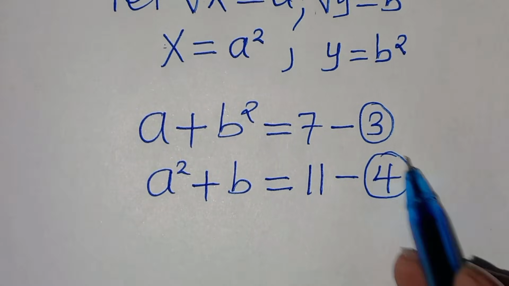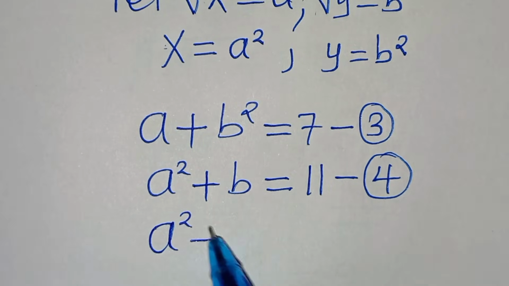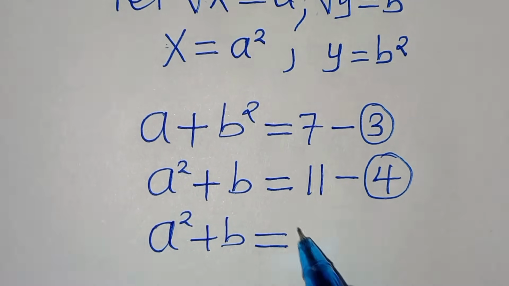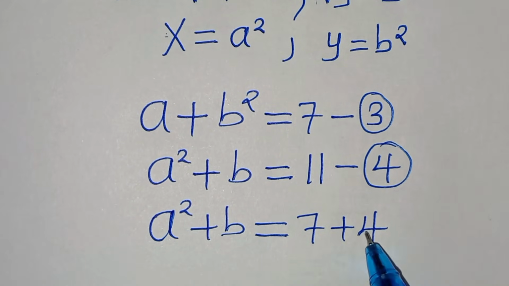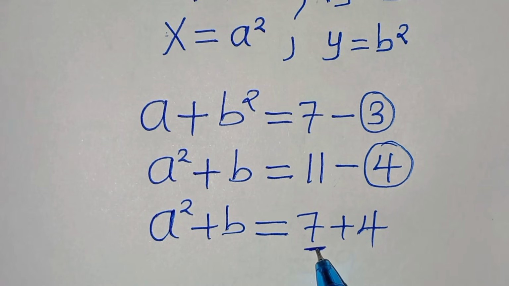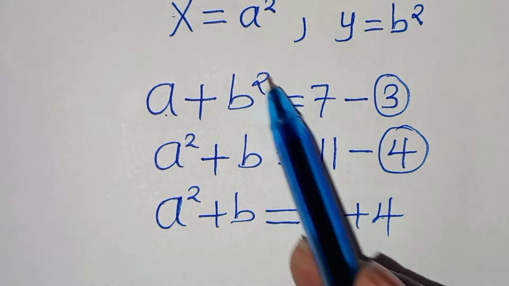Now from equation 4, we can express this as a to the power of 2 plus b, this is equal to 11, which is the same thing as 7 plus 4. And we have that 7 is the same thing as equation 3, which is a plus b squared.